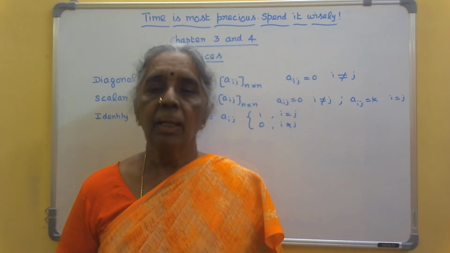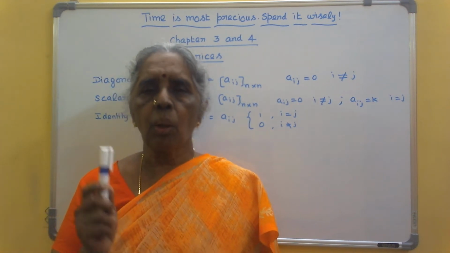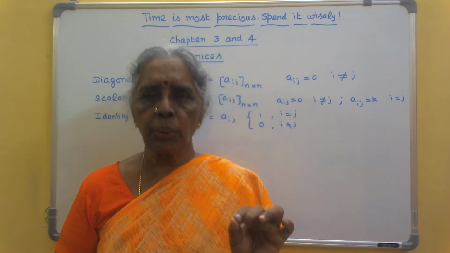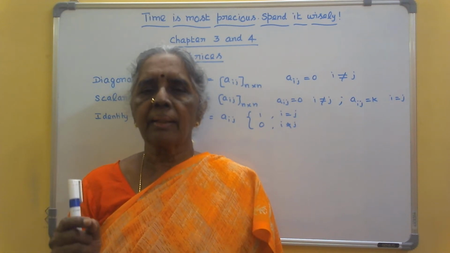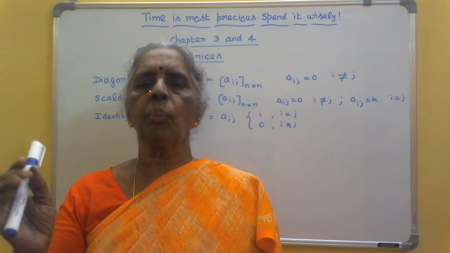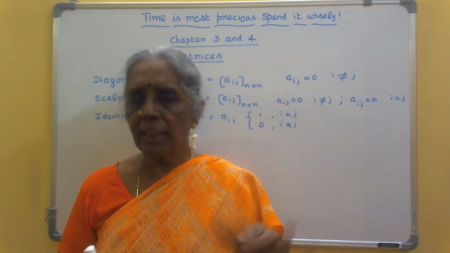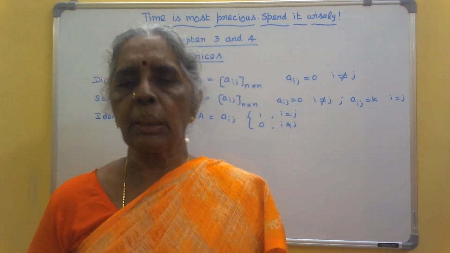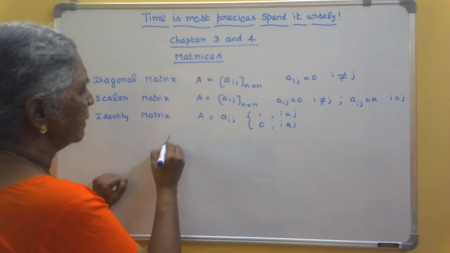When it comes to multiplication, the columns of the first matrix should be equal to the rows of the second matrix. That is the condition for multiplication to be possible between two matrices. This is important, so I will say it again: the columns of the first matrix should be equal to the rows of the second matrix. Just an example.